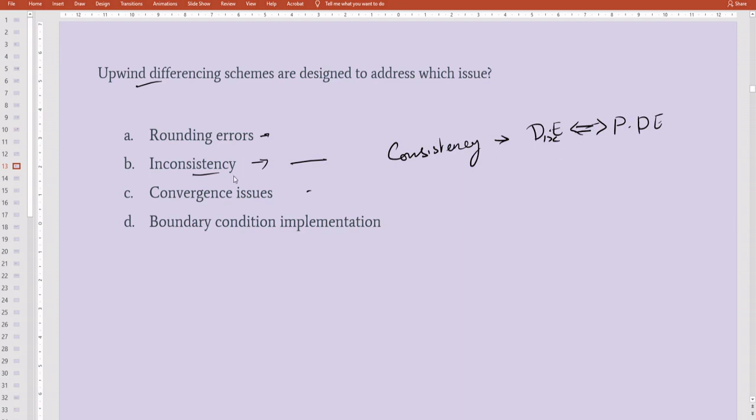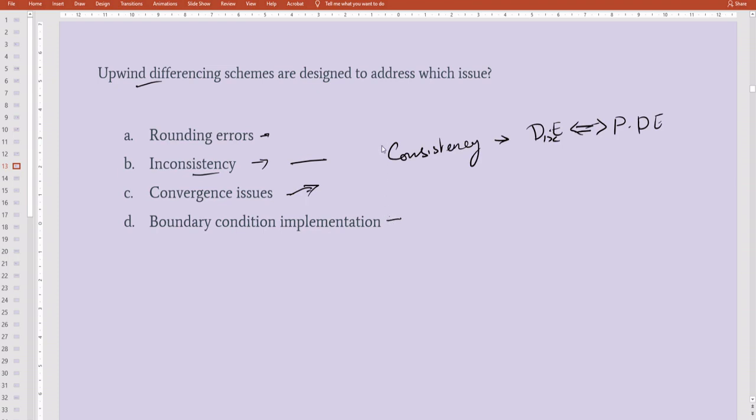So is it used for that, upwind scheme, or convergence issues? How do some particular schemes help in convergence? For boundary condition implementation, there is no particular scheme used. It will be chosen on a case to case basis.